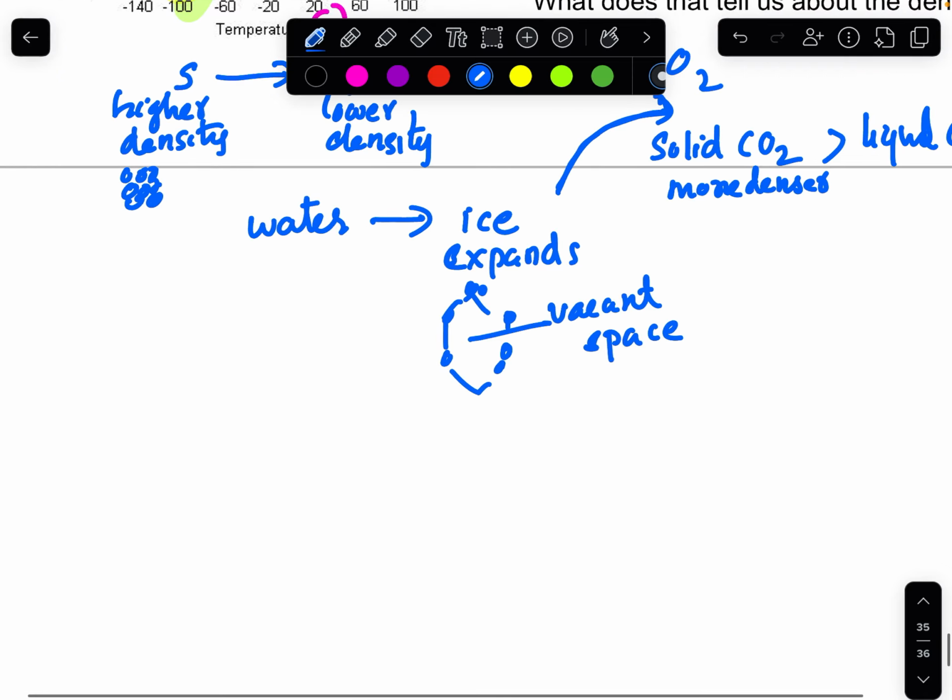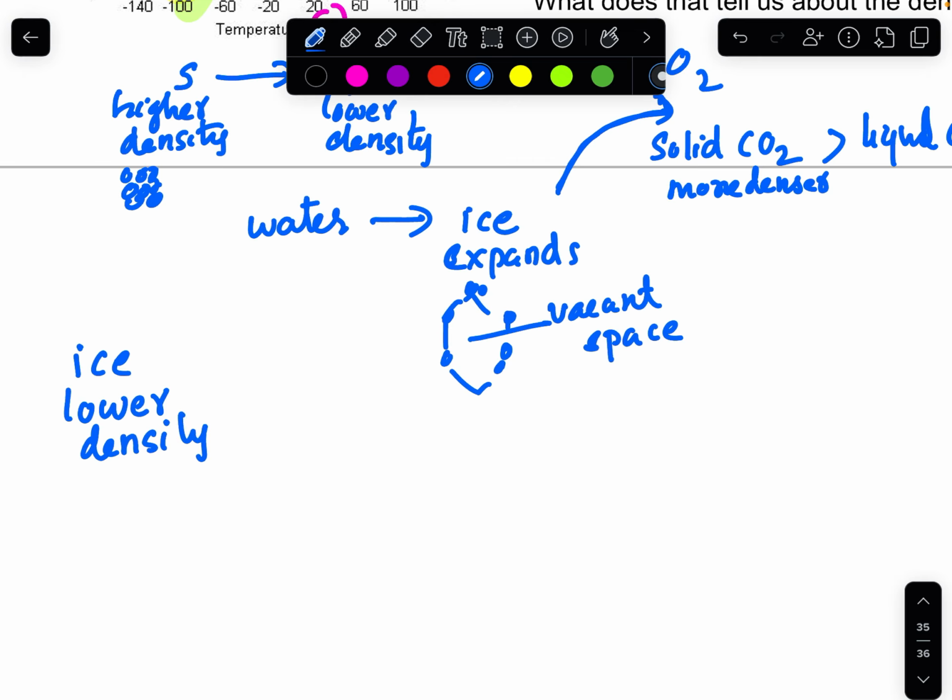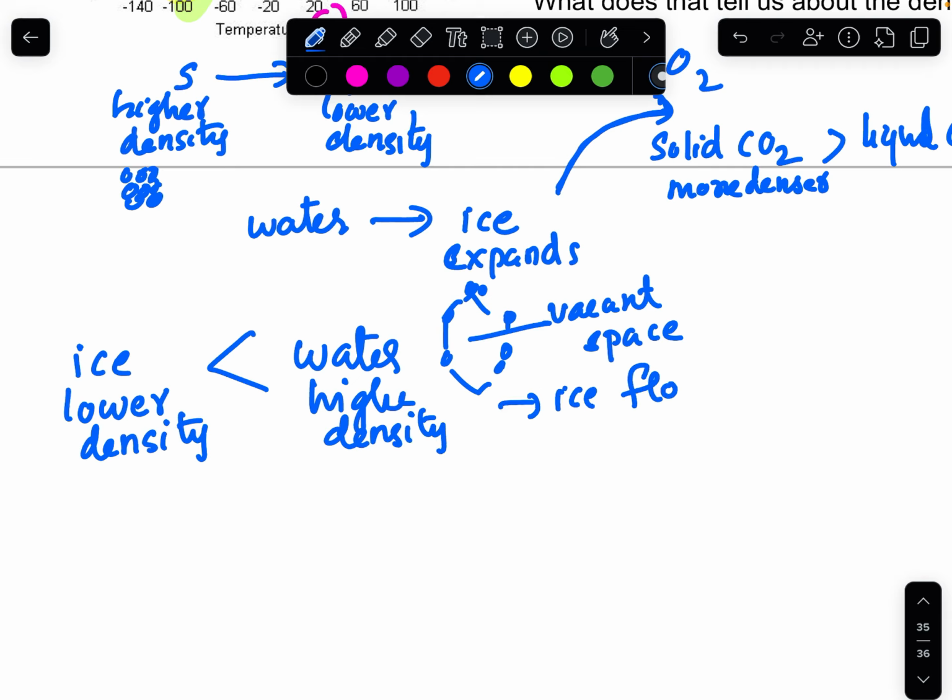Because of that, ice will have a lower density because it occupies a lot of volume, right? So lower density than water. So water will have higher density. That is why we always know that ice floats on water.